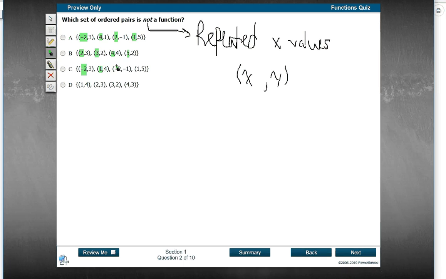However, in letter C, right there, I actually have two sets of repeated values. So I would know that my answer is going to be C, but might as well double check the other ones. I can say 1, 2, 3, and 4. I can count, and that is also a function. So again, you can use the eliminator tool to eliminate the non-answers.